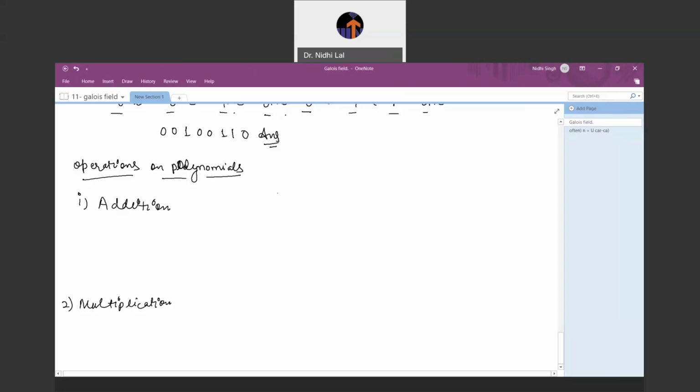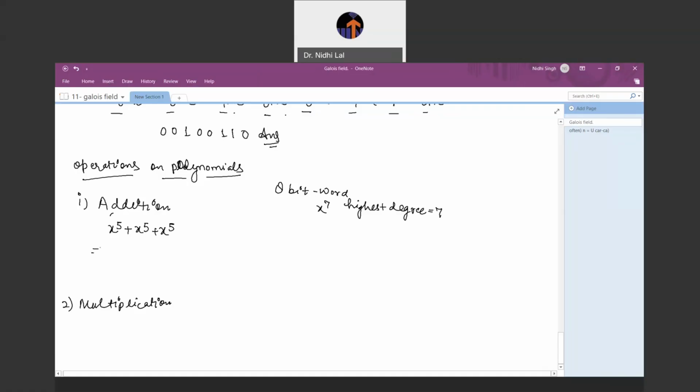Suppose we have an 8-bit word. So the highest degree is 7. In terms of the polynomial, the highest term will be x to the power 7. So in the addition, suppose my term is x to the power 5. Now we are adding x to the power 5, 3 times.